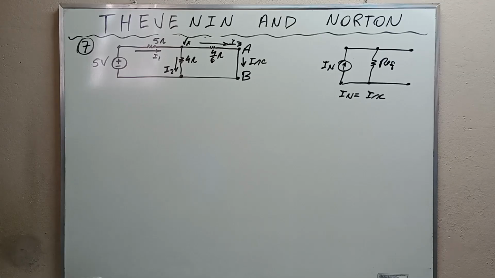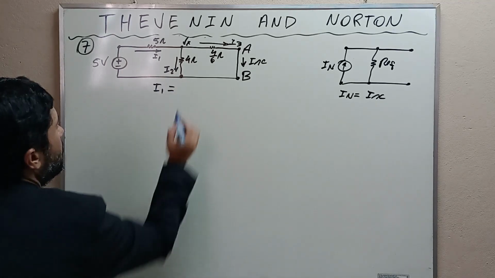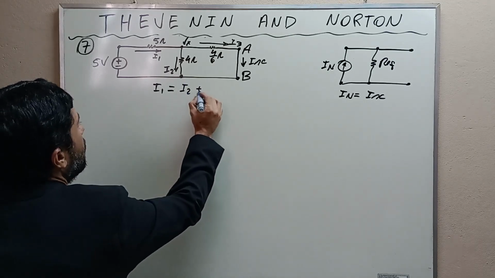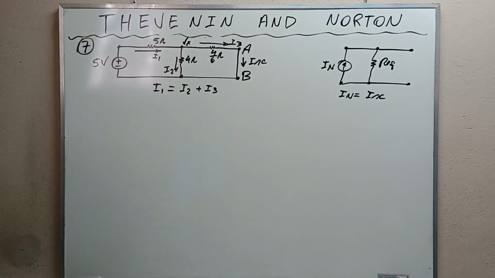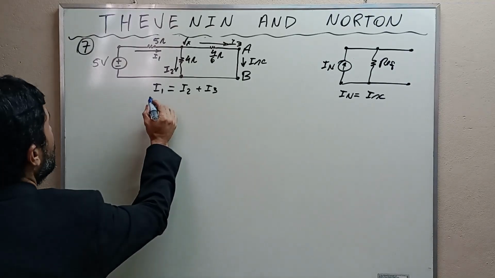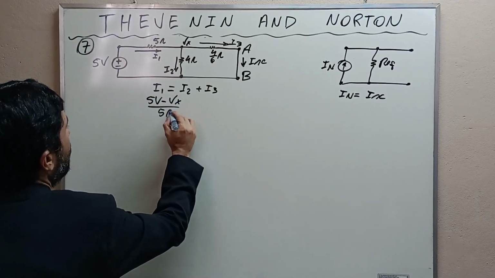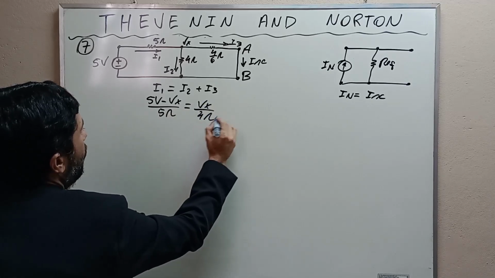Alright. And the sum of the currents that enter a node has to be equal to the sum of the currents that leave the node. The current entering the node is I1, and the currents leaving the node are I2 and I3, okay? And how can we write I1? I1 is 5 volts minus Vx divided by 5 ohms. I2 is Vx divided by 4 ohms.